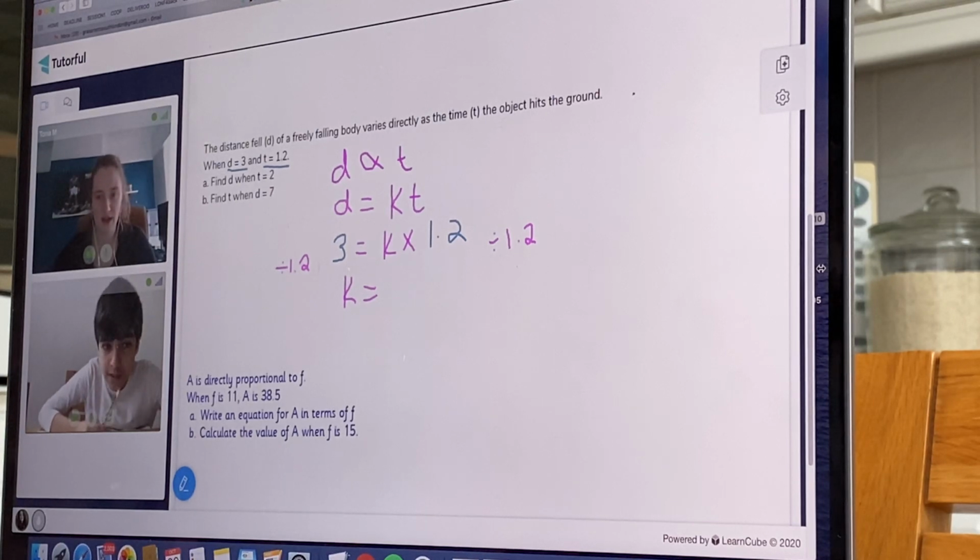So on the one side, we get just k, and on the other side, we get 3 divided by 1.2. 1.2 as a fraction is 6/5, isn't it?